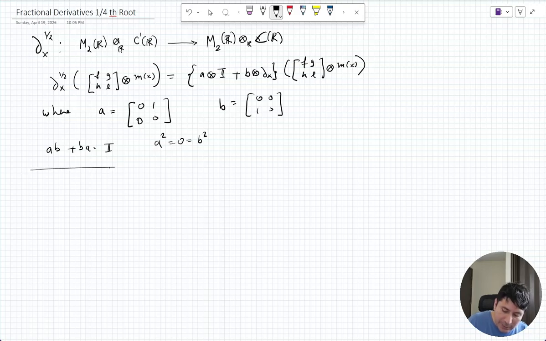Okay, so that's the recap from the square root of the derivative operator.